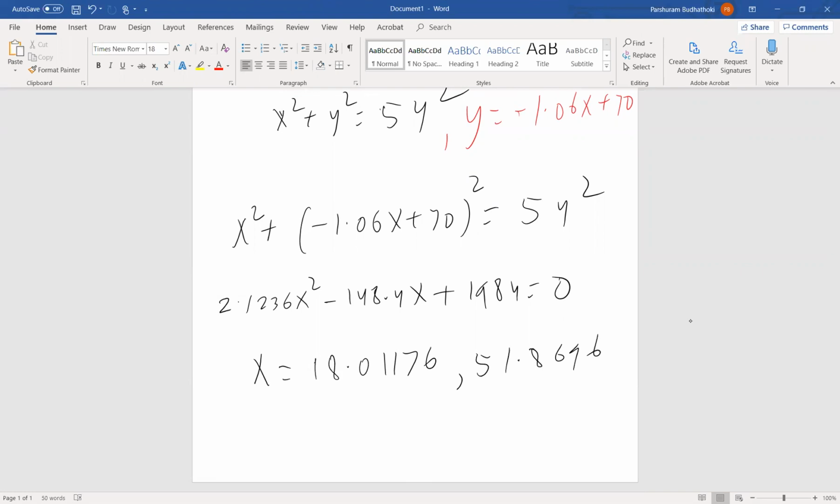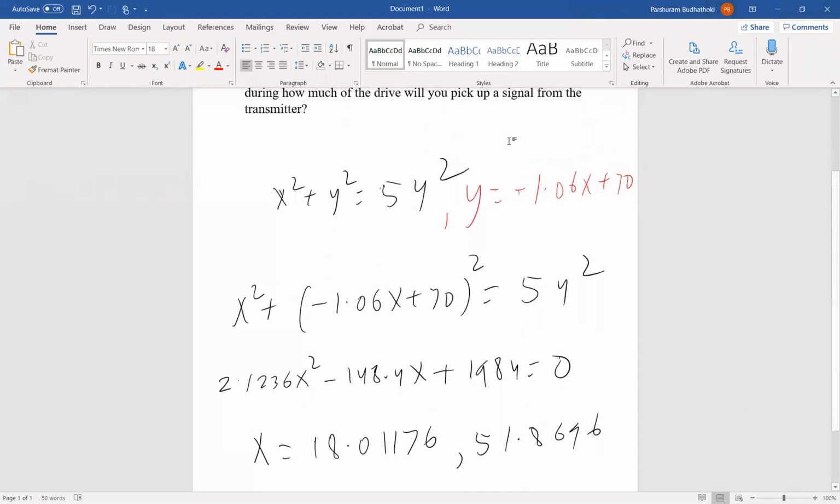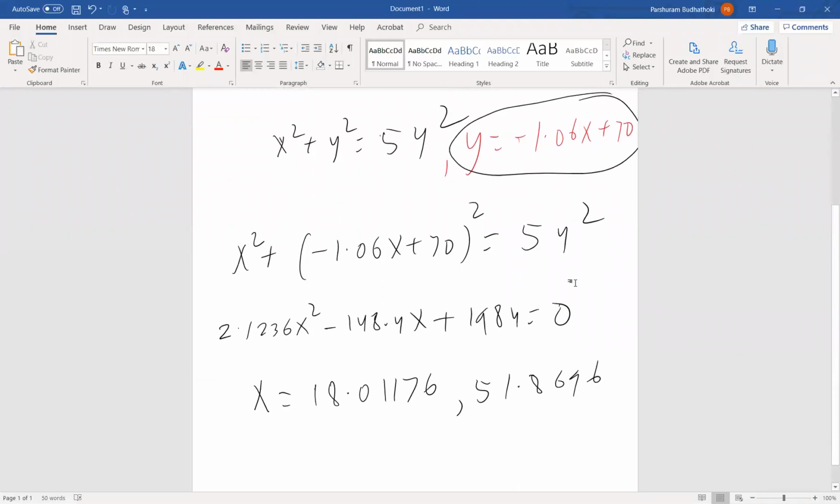By putting these x coordinates into one of these equations, I would use this one, it is very easy to calculate the value of y. Just put x equal to 18.01176 here and find y, and x equal 51.8696 here and find y.